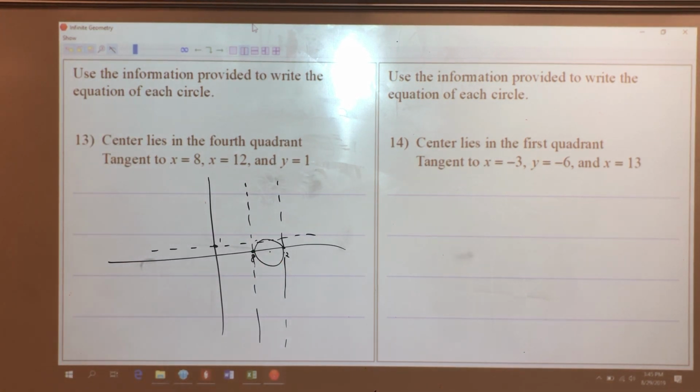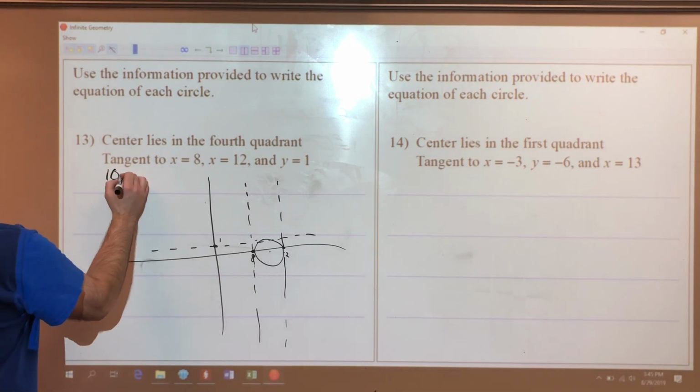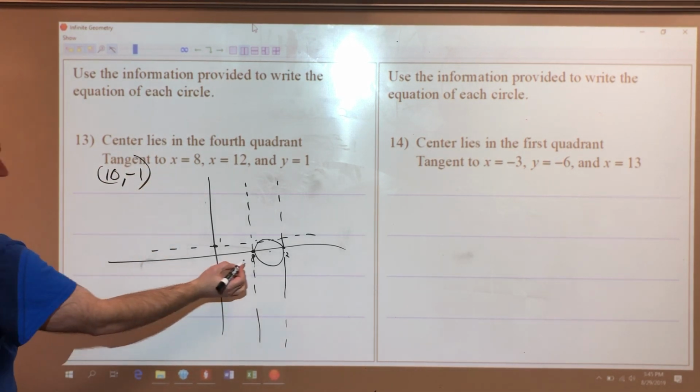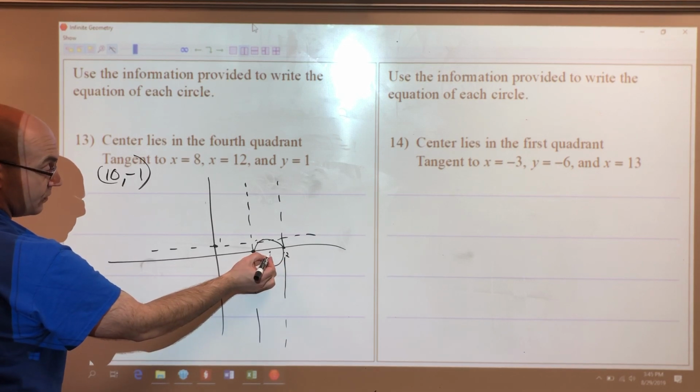Okay, so our line in equation form. My radius is 2, so my r squared value is 4, and my center lies at 10, negative 1. 10, obviously, because 8 and 12, halfway between is 10.